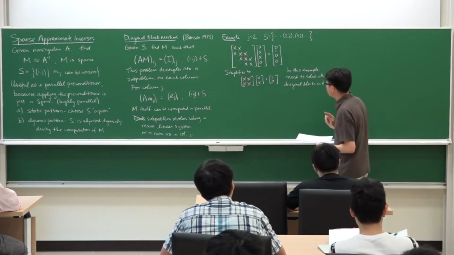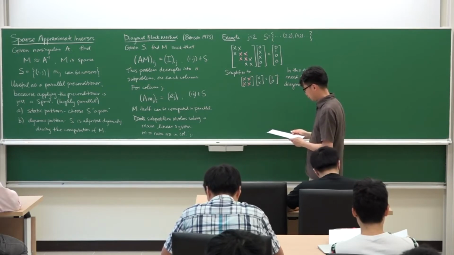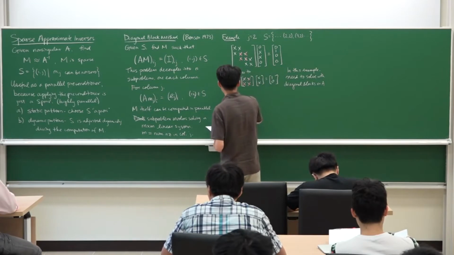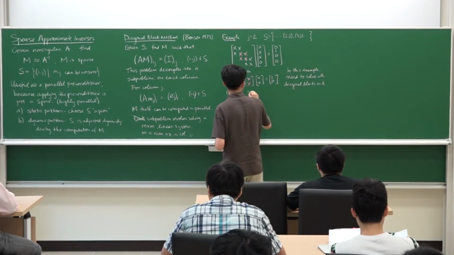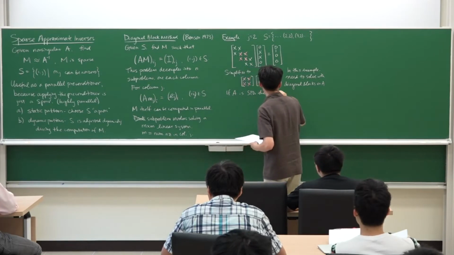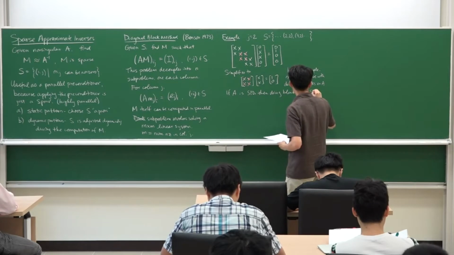So in this example, we need to solve with diagonal blocks of A. If A is SPD, then the diagonal blocks are SPD. So that's nice.